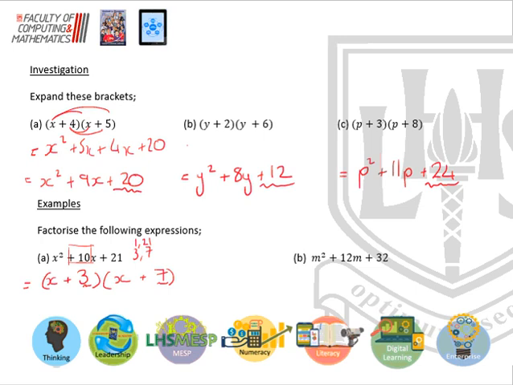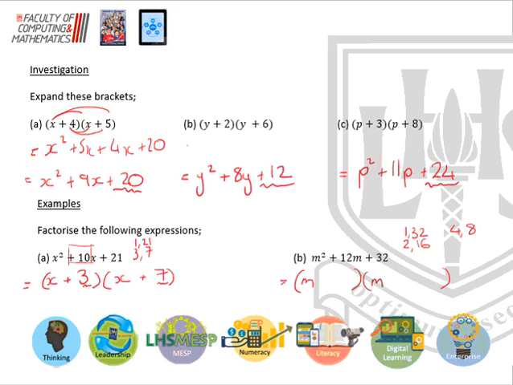Second one, again, hoping we're seeing quite quickly that it's m and m, to give you that m squared. 32 is a little bit trickier than 21. Your times tables need to be right on it here. 1 and 32, 2 and 16, 4 and 8.